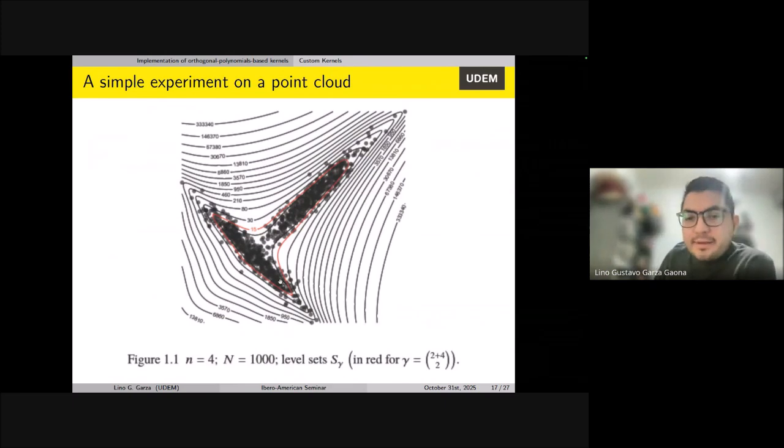And the idea they present is that doing this, you can see that the red level set captures the density of the points. I mean, most of the points are enclosed in that red curve.